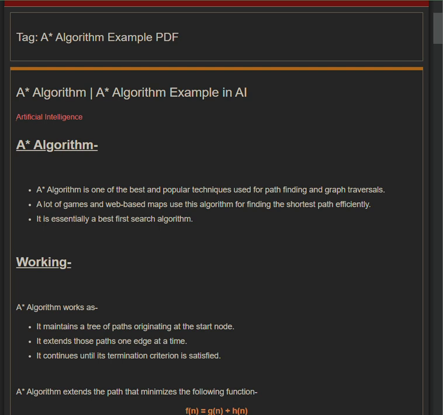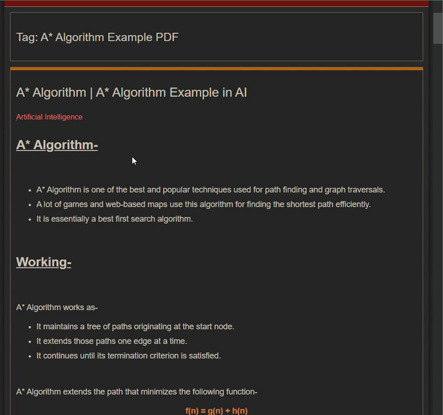Today we're going to dive into one of the most popular and effective pathfinding algorithms in AI. The algorithm, as you can see, is called the A-star algorithm, and A-star is used in a variety of applications, from video games to web-based map systems, because it finds the shortest path between nodes in an efficient way.